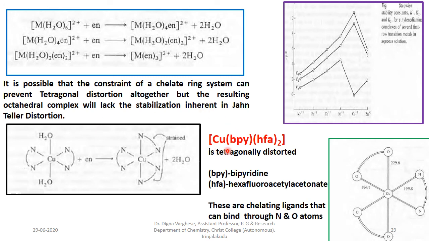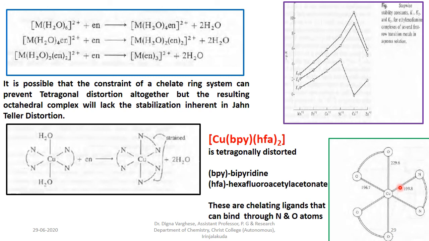In the case of the copper bipyridyl hexafluoroacetylacetonate complex, which is tetragonally distorted, there are 2 longer bonds and 4 shorter bonds. So it is tetragonally distorted. Both bipyridine and hexafluoroacetylacetonate are chelating ligands that can bind through nitrogen and oxygen to the copper(II) center.